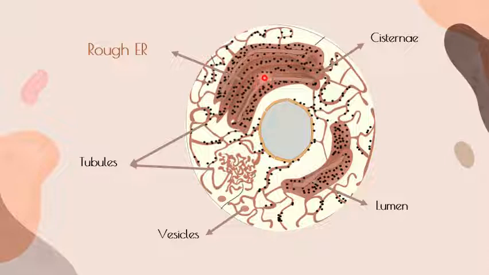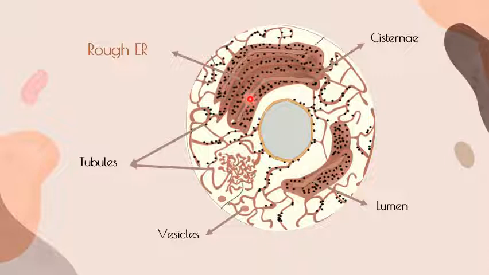It also functions in protein sorting, processing, and folding. It also functions in the assembly of multi-subunit proteins, disulfide bond formation, and glycosylation, which is the initial stage that occurs on specific asparagine residues through the calnexin or calreticulin cycle that we are going to cover later on.